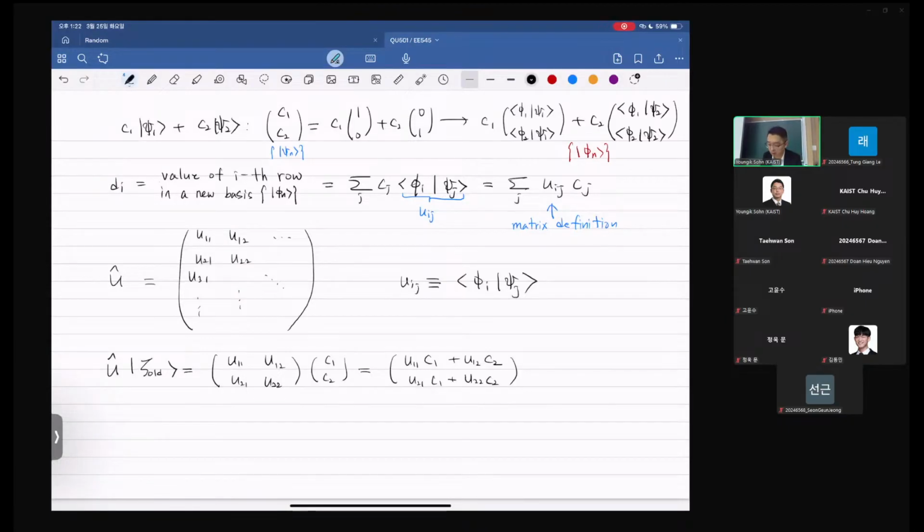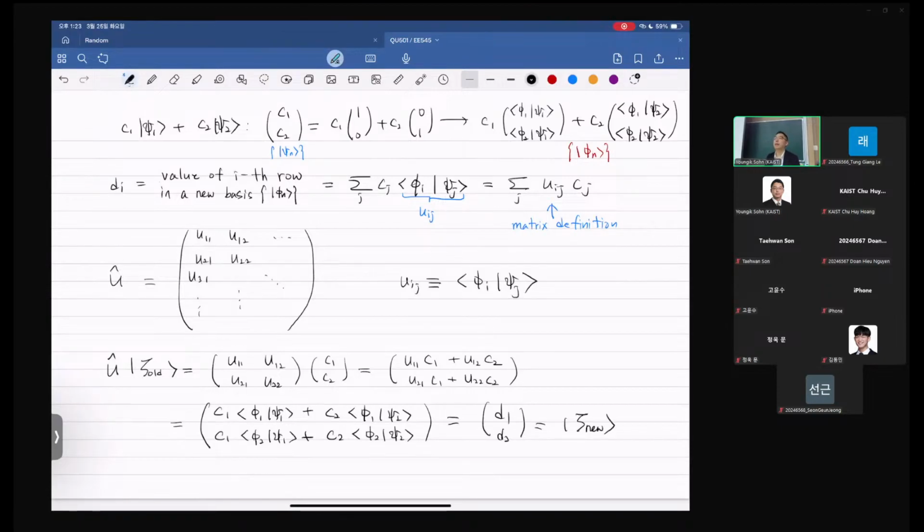That's how you usually do matrix multiplication. According to our definition, U11 is phi 1 psi 1, U12 is phi 1 psi 2, and so on. That calculation gives D1, D2, the new coordinates we were looking for.